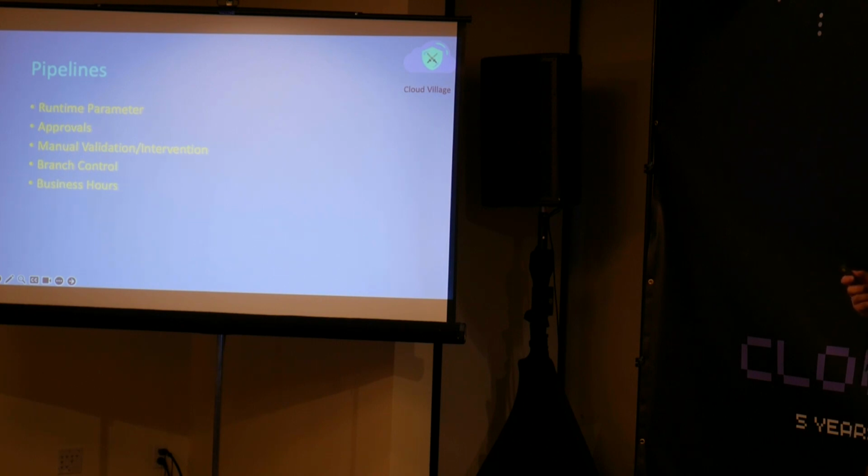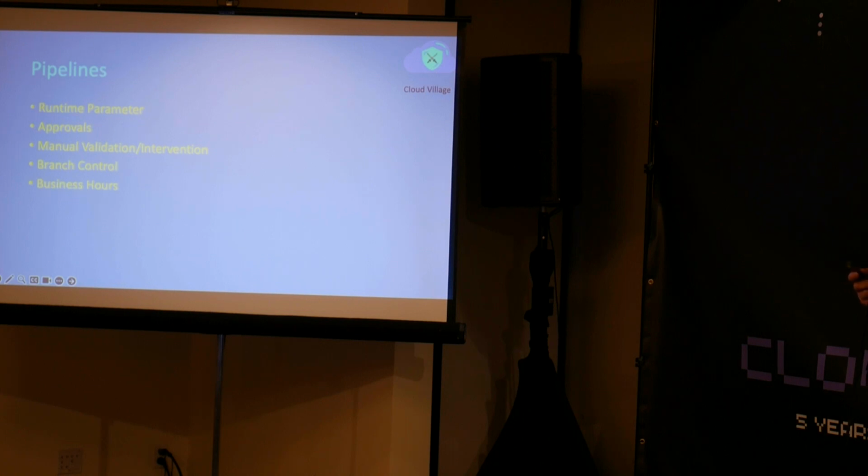So instead of using arguments, we can use something called runtime parameters. In the next slide, I will have an example for this. You can also have approvals, so there will be pre-approvals, like two people who can approve the actual deployment. The other thing is manual validation or intervention based on the pipeline type.